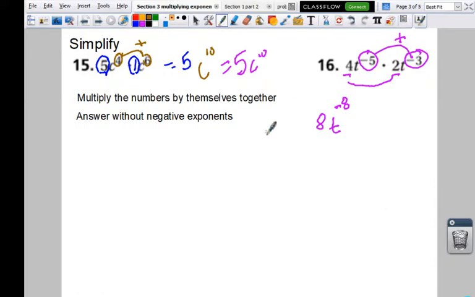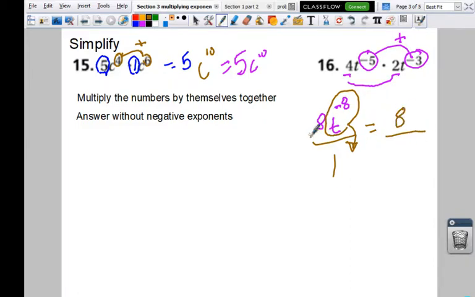But what do we do in our warm-up when we have negative exponents? How do we get rid of that negative? We flip them. So I want to make sure I don't have any negative exponents in my final answer. So what I'm going to have to do now is take this t to the negative 8 and flip it to the bottom. So the 8 is going to stay on top.